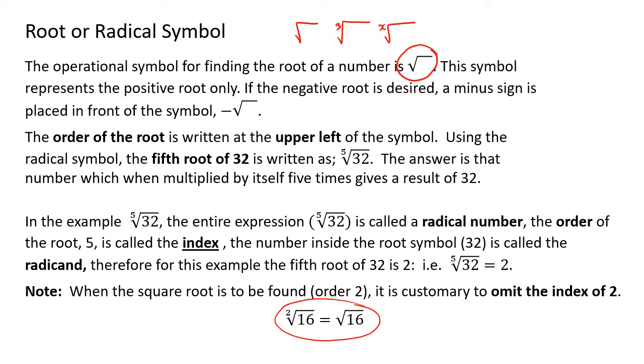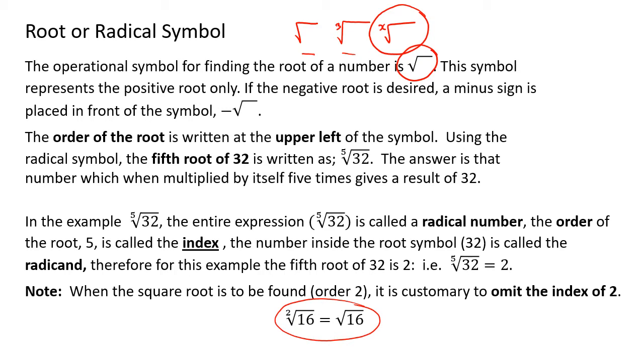What that means is you tell it what order root it is. So if you have a second or a third order root, you'd often use these buttons. But if you have a fourth or a fifth order root, you would use this button here, and you would tell your calculator what order it is. So fifth order, whatever that number may be.